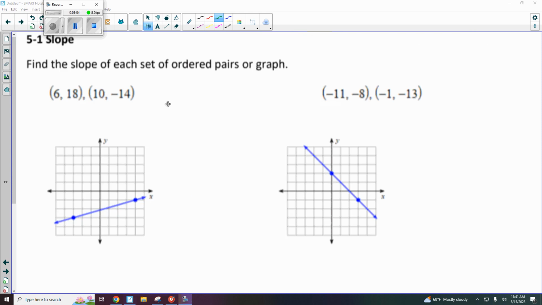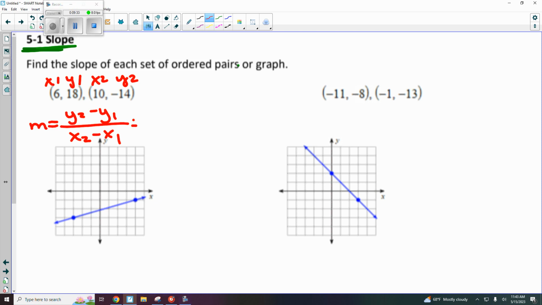So for this next set, we're looking at 5-1, which is slope. We're asked to find the slope of each set of ordered pairs or the graph. Because we're asked to find just slope, it's just going to be the slope formula, which is m equals y2 minus y1 over x2 minus x1. In every single ordered pair, we have x1, y1, x2, y2.